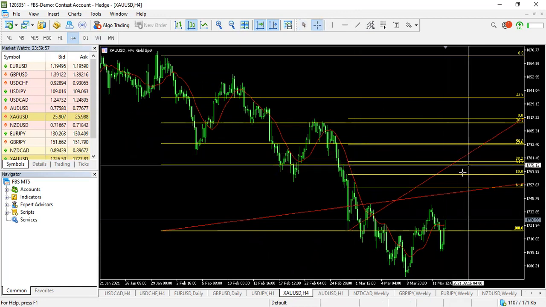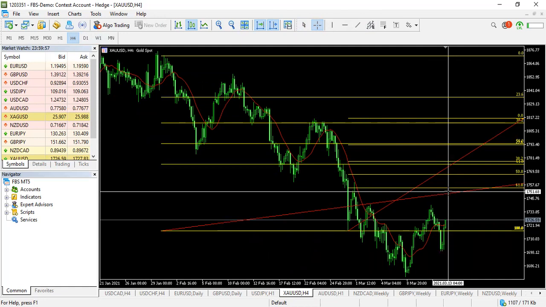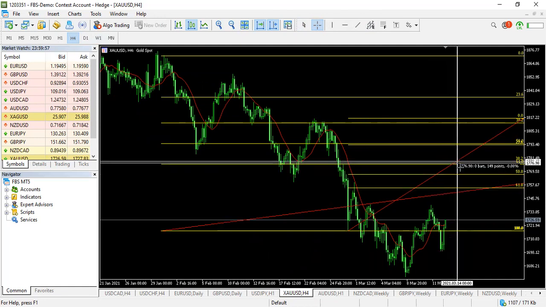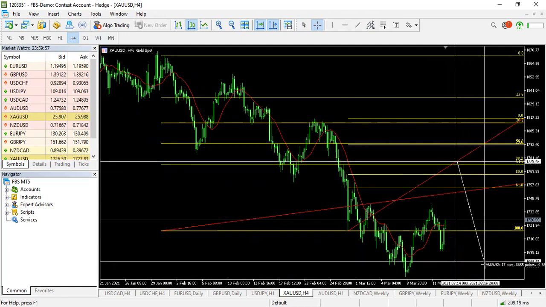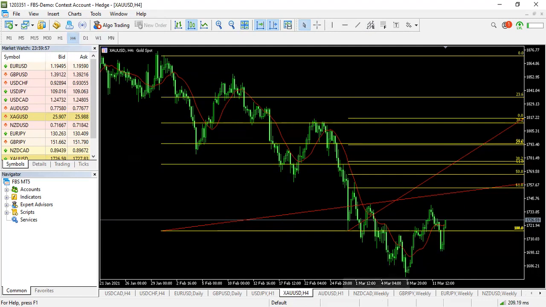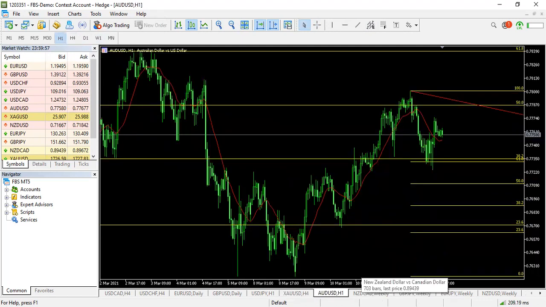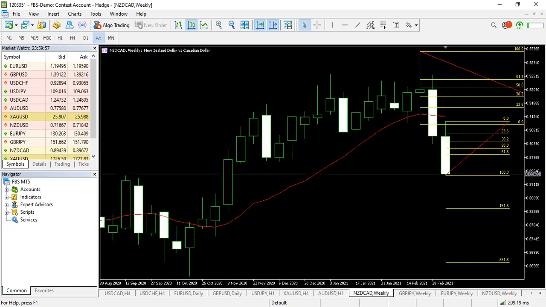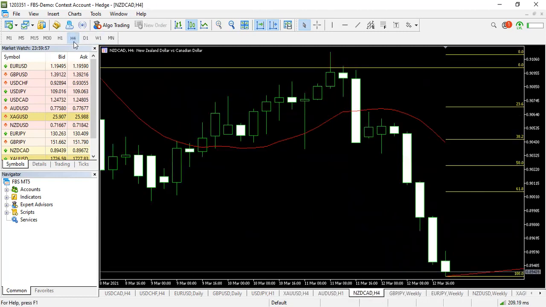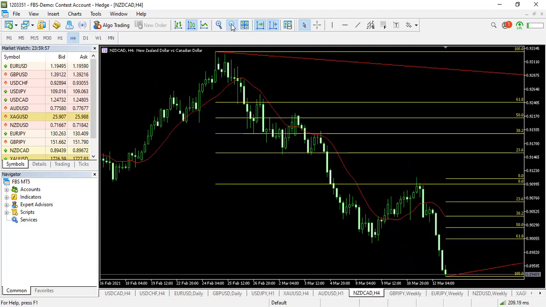So we'll probably take profits here. Hopefully we'll get a move higher, and maybe that's where the pair will start crashing down. And Australian dollar, same thing. We might get a move a bit higher here, then sell down. But we don't have any specific key areas to point at the moment.